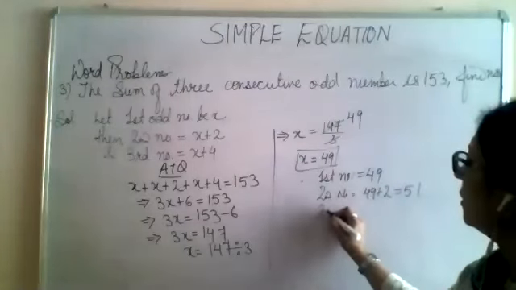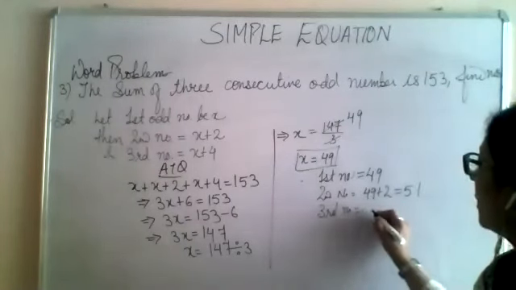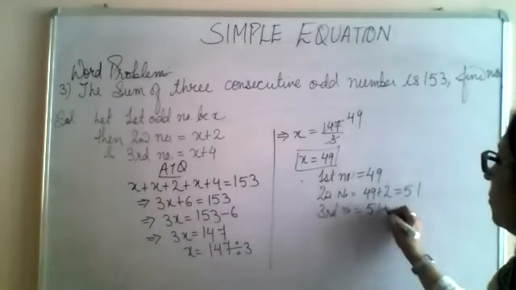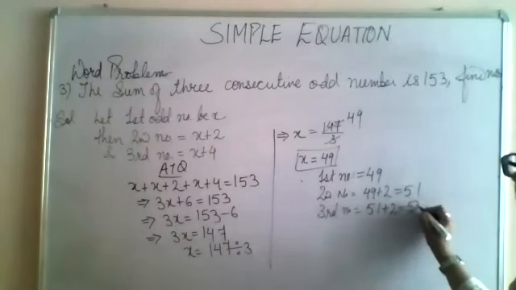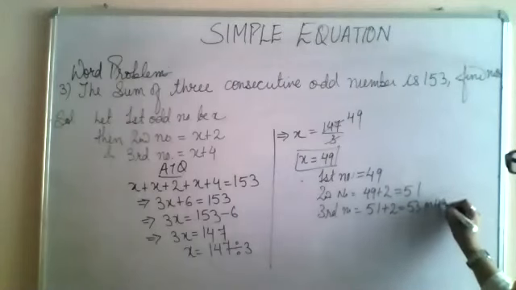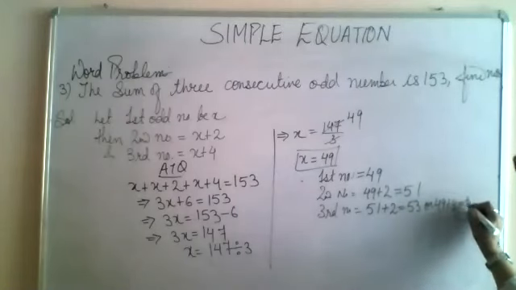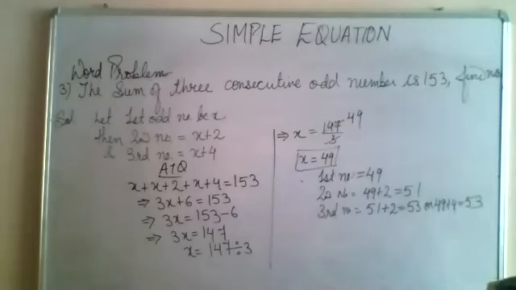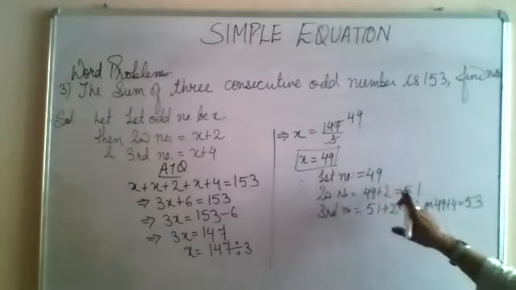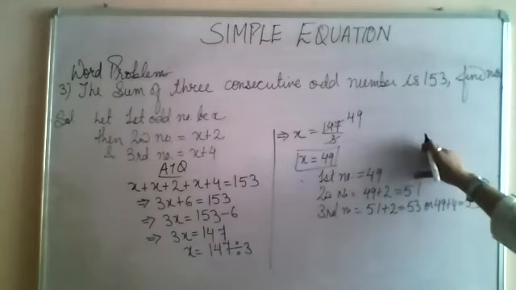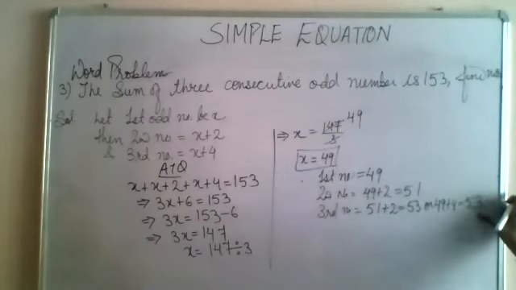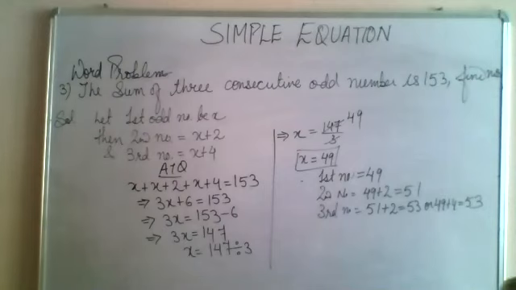And the third number, add again 2, or you can do 49 plus 4, 53. So if you add, you will find 153. 49 plus 51 is 100. 100 plus 53 is 153.